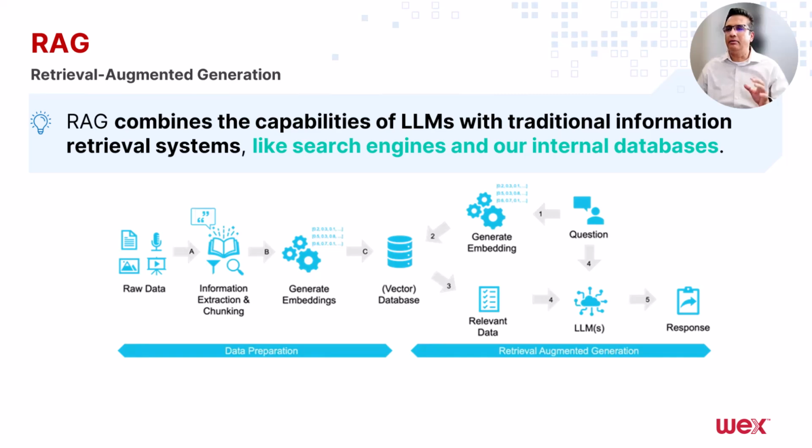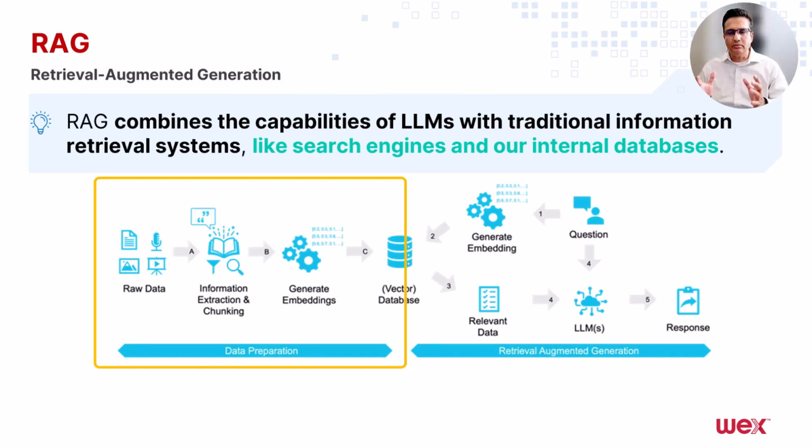So at high level, RAG has two sections. One is called data preparation, and data preparation is where the data that you have in your organization, for example, in WEX, we have data about transactions, we have data about people's benefits plans, or mobility data, or legal data, or finance data, or marketing data, or consumer data.